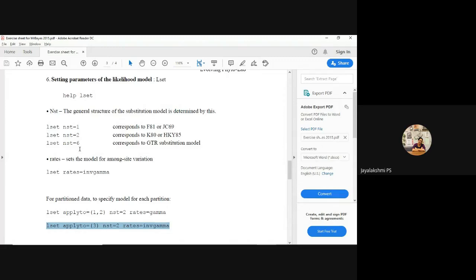They are variables. So we say nst. The rate at which the nucleotide is evolving. Parameter, number of parameters. They are variables. Okay, that's the wrong answer. Variables. Someone else. Jayalakshmi, you're breaking. They are variables. The number of substitutions.